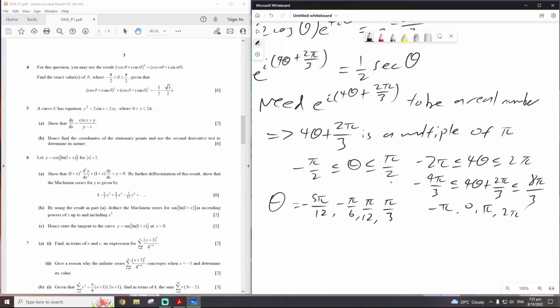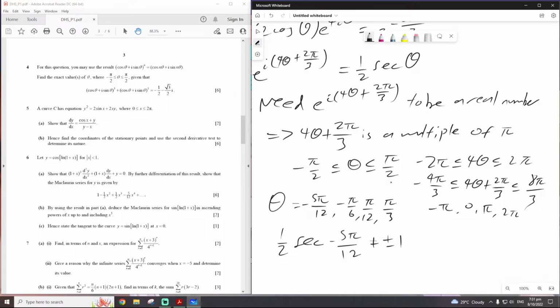Okay, so we're now just going to sub each of these values in turn and check whether the identity is true. So if I sub in negative 5 pi over 12 and it is a solution, then what I should expect is to get e to the negative i pi, which will be negative 1. Half secant negative 5 pi over 12 is unfortunately not equal to plus minus 1.